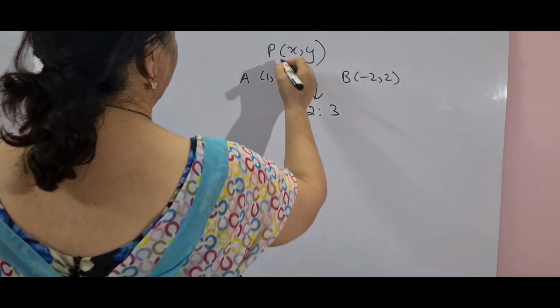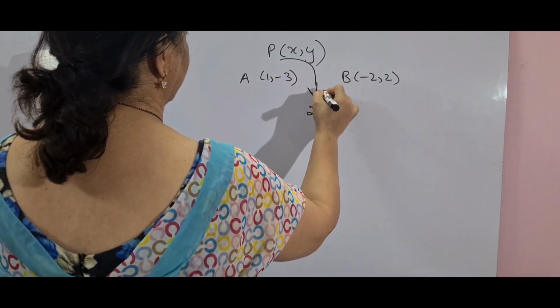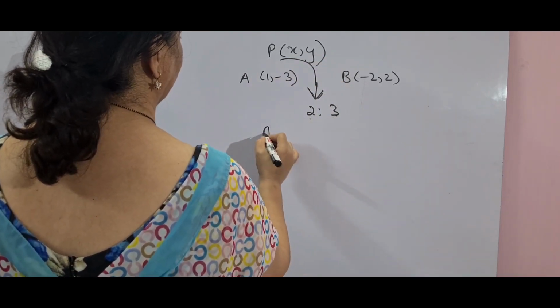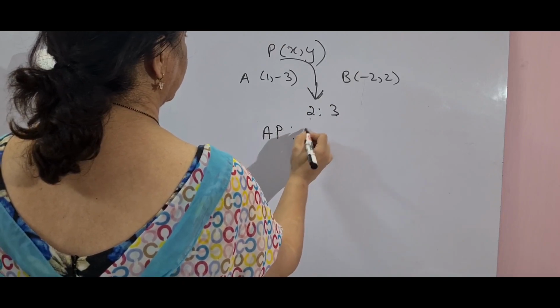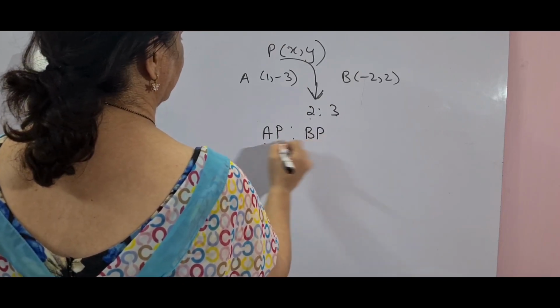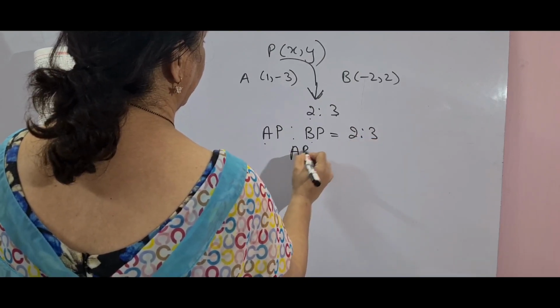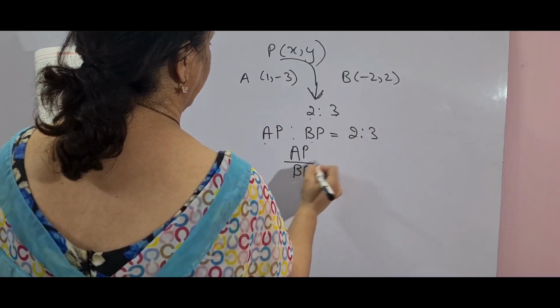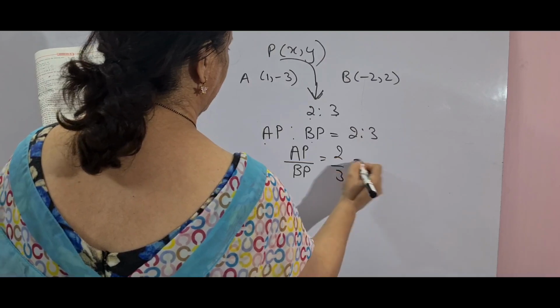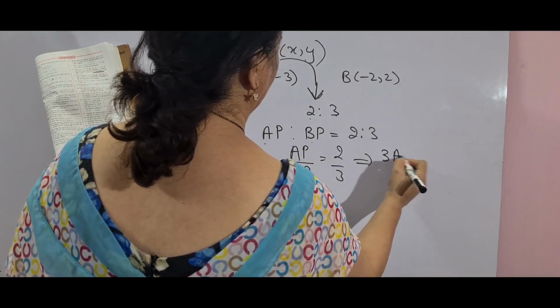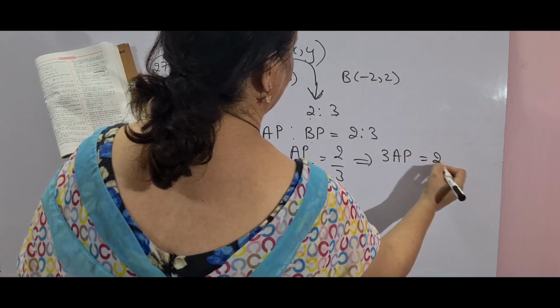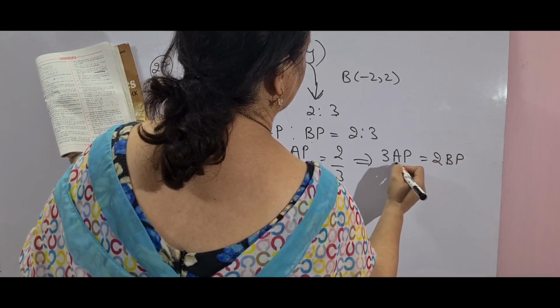This point P is at the ratio 2 is to 3. So you will write like this: AP is to BP, that is the only new thing, is equal to 2 is to 3. Or you write like this: AP upon BP is equal to 2 upon 3. Or cross multiply, 3AP is equal to 2BP. The rest you know. You just have to put the distance formula between AP and BP.